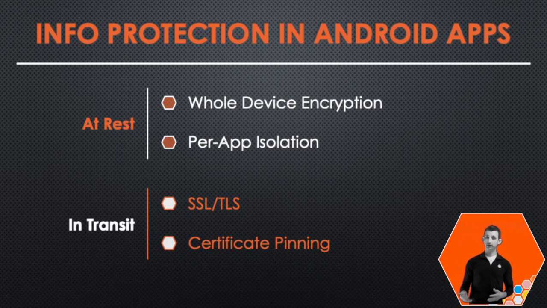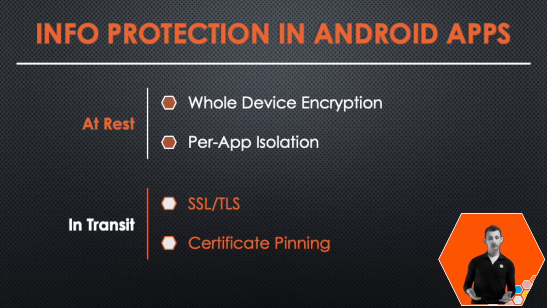You might even set it down, walk away, and come back, and in the meantime, an attacker can trivially clone your device without you being any the wiser. So Android provides whole device encryption to protect against these types of attacks, but this does not provide any app-level protection once the device has been unlocked, which is what we're going to take a look at today.